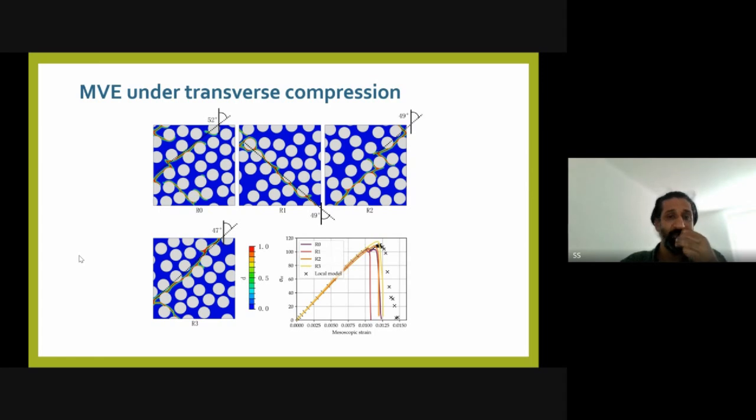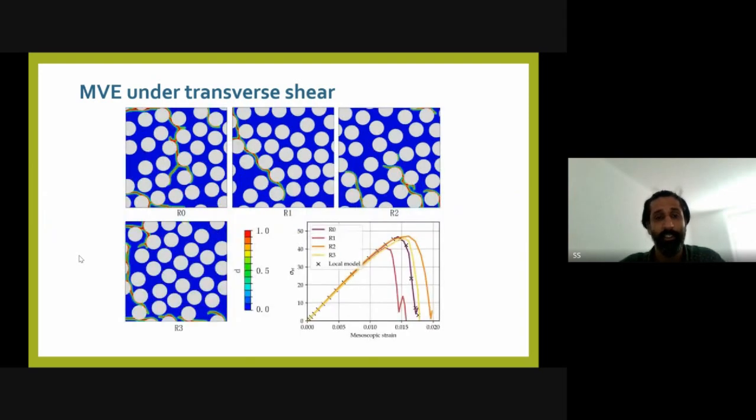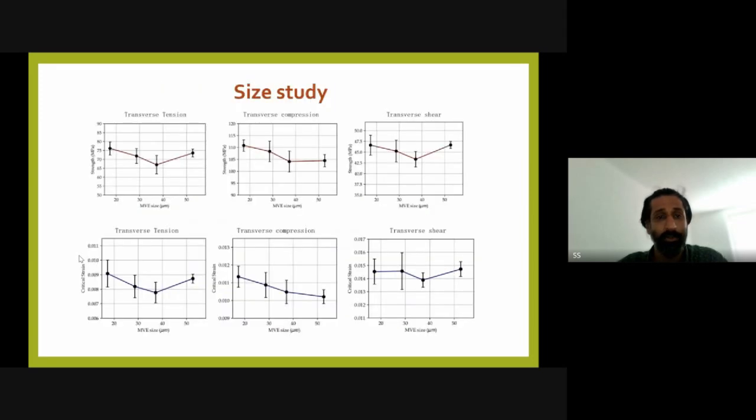Yes, so we did this test for compression and for shear also, and we saw similar expected results. And we did these size studies also, and we saw that as we increase the size of the MVs, the standard deviation of the results across the different realizations was diminishing, which is also expected.